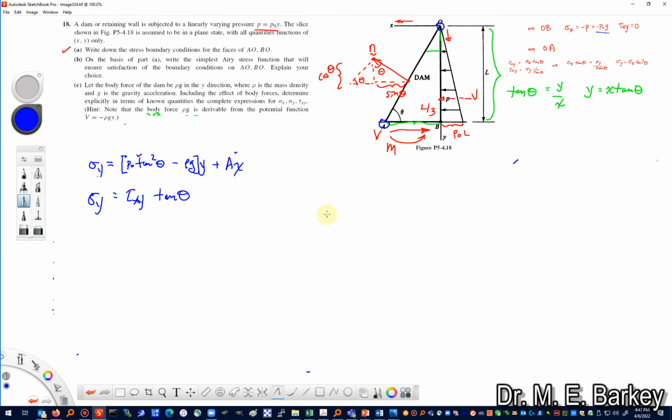All right, let's see what we can do with that. Did we have an expression for tau xy? I believe we did. I believe we had tau xy is equal to minus p naught tangent squared theta times x.